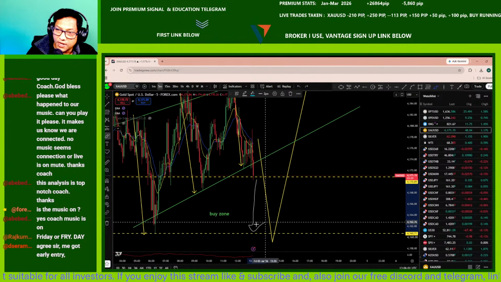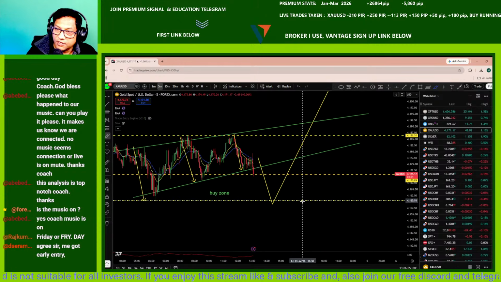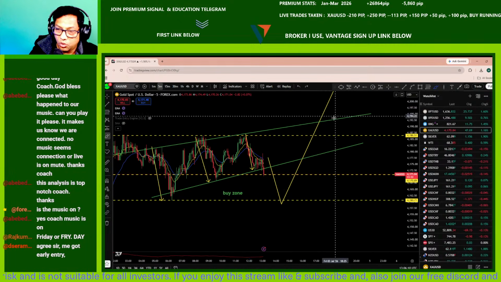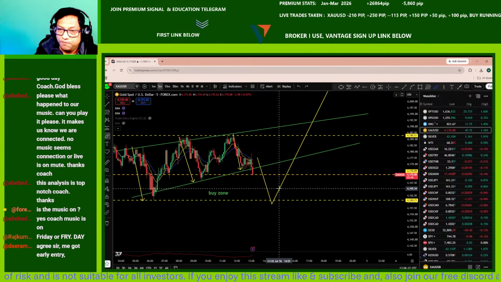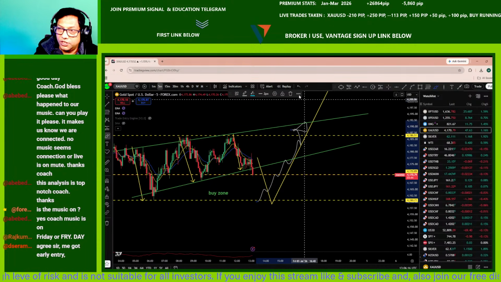With that imbalance, we are looking at the market to show its pattern, right? This is the zone that gives a buying opportunity here in this market.